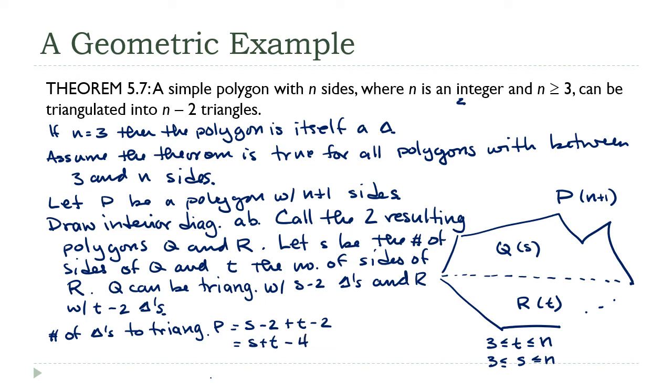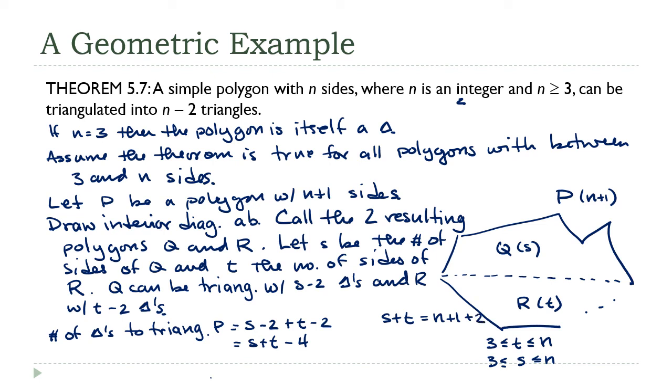Now hold on to that for a minute and look back over here at my diagram. If I add up the number of sides in Q and R, that is going to be 2 more than the number of sides in P. So that's going to be n plus 1 plus 2.